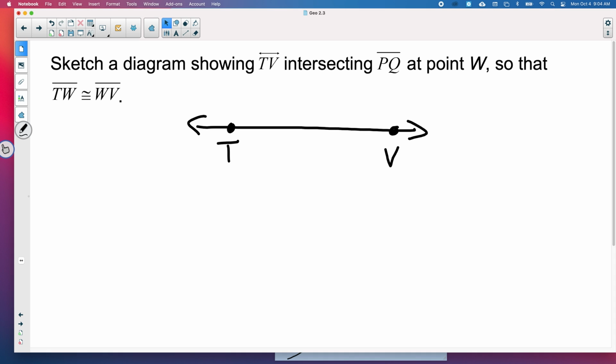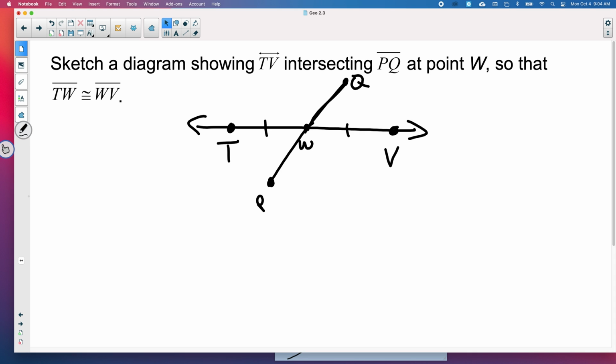In the middle, the midpoint? All right, so point W has to be right here in the middle because it says it wants TW to be congruent to WB, so I need to mark them there. And then my segment PQ, you can have it go straight through or however you want it to go through. It just needs to go through W, and then you put a P here and a Q at the other end. Okay. Questions on that? Okay.